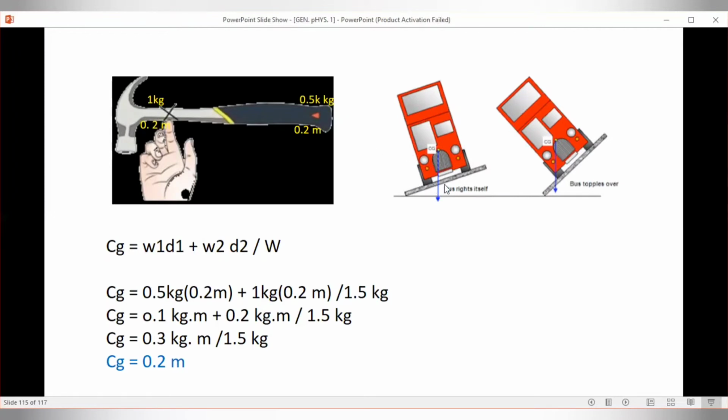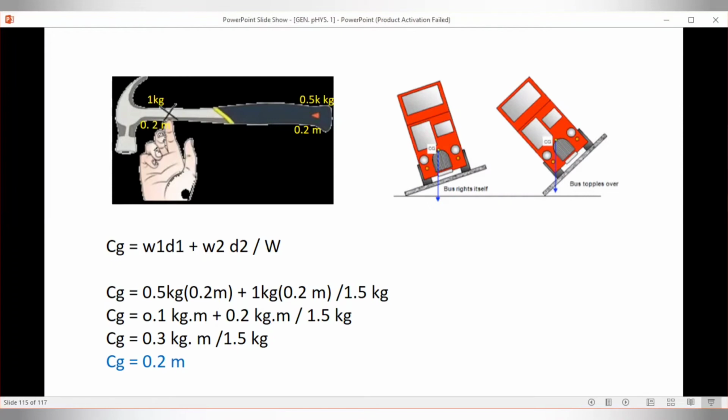However, on the second illustration, a bus is moving on an elevated road. The center of gravity moves or looks like this. And however, in another picture illustration, the bus is highly elevated, and therefore the center of gravity changes.